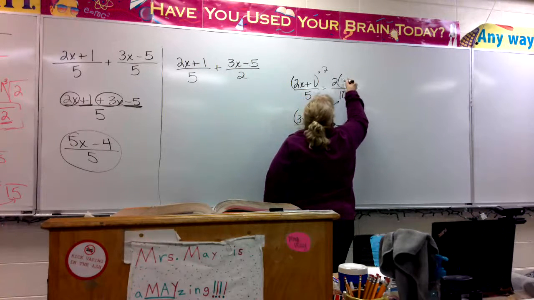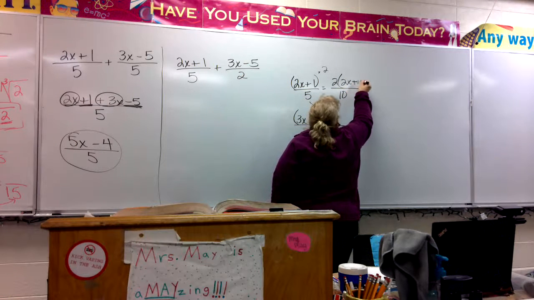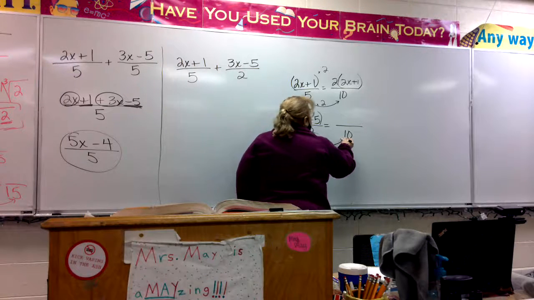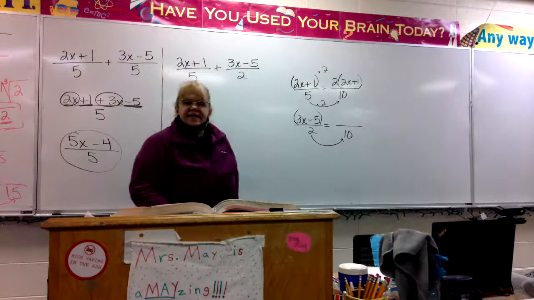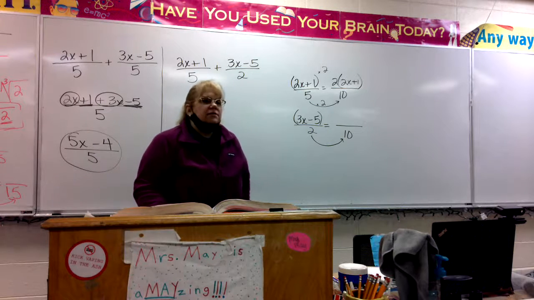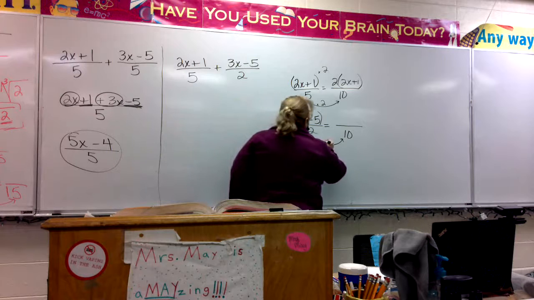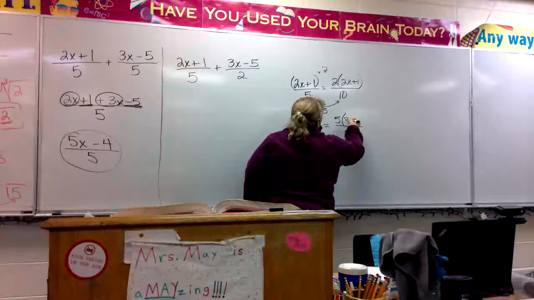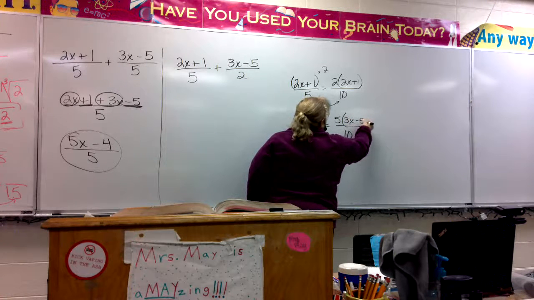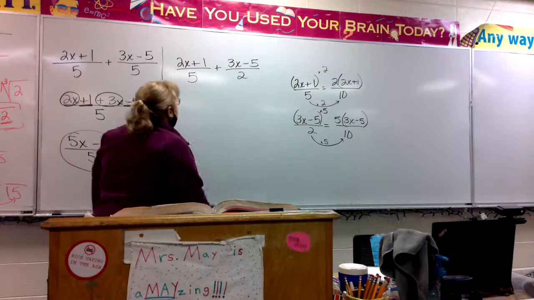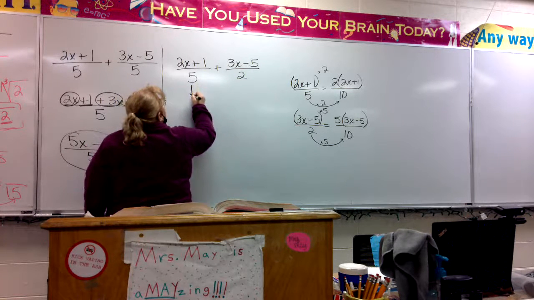So I have 2 and then a 2x plus 1. Same thing here. What did I multiply 2 by to get a 10? Altogether? Yes, 5. Good. So I have to multiply the top by 5. So then we come over here and put in the equivalent fractions.